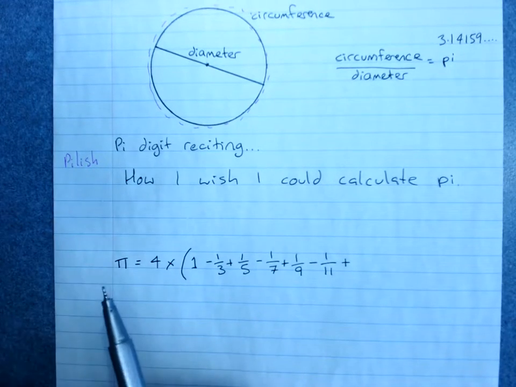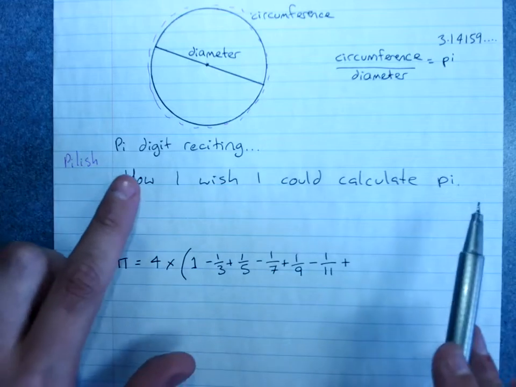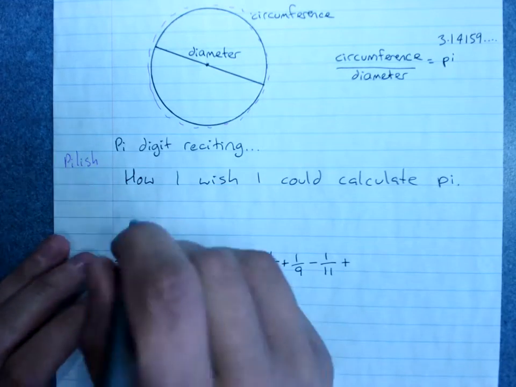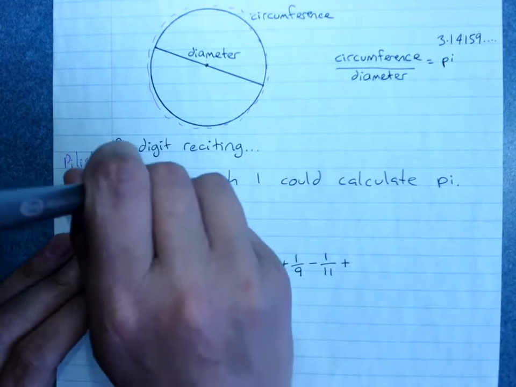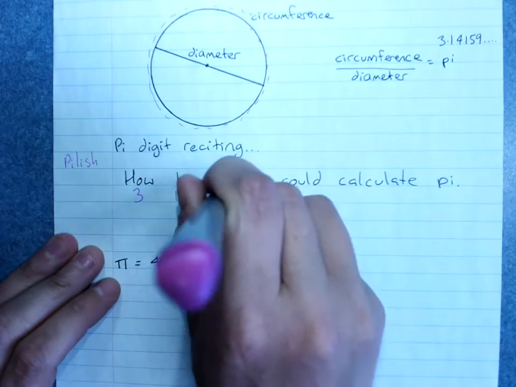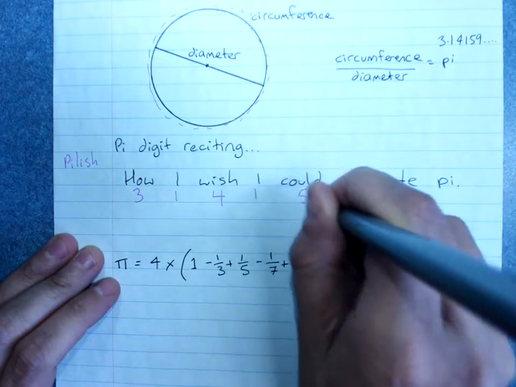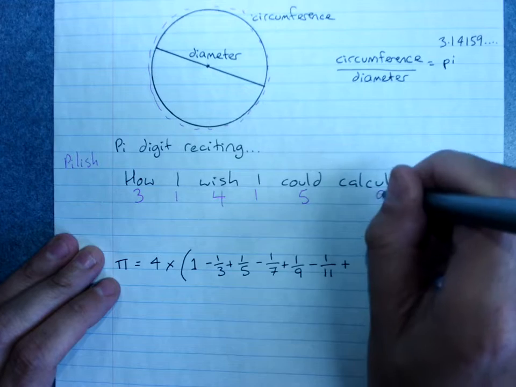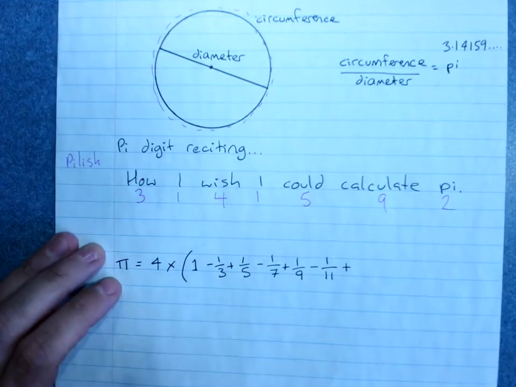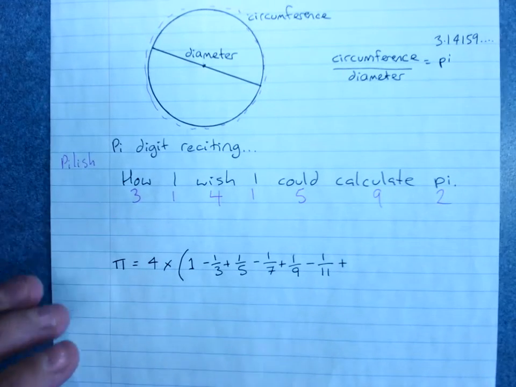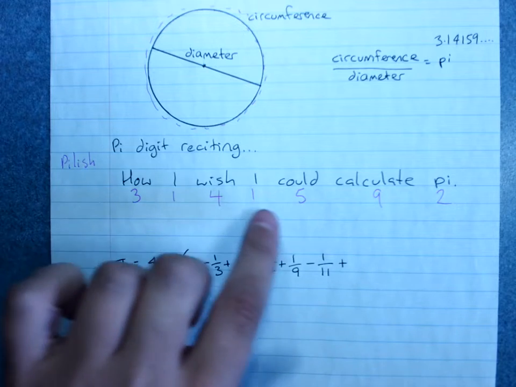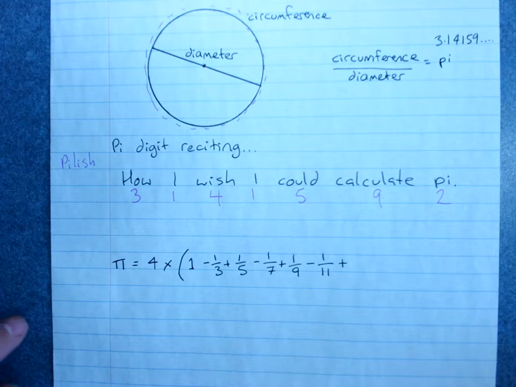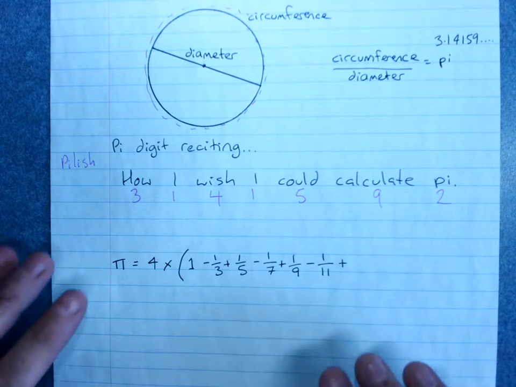There's a whole book written in this, and it looks a bit confusing, but if you count the number of syllables, 3, 1, 4, 1, 5, 9, 2, the syllable count is the same as the correct position in the digits of pi.